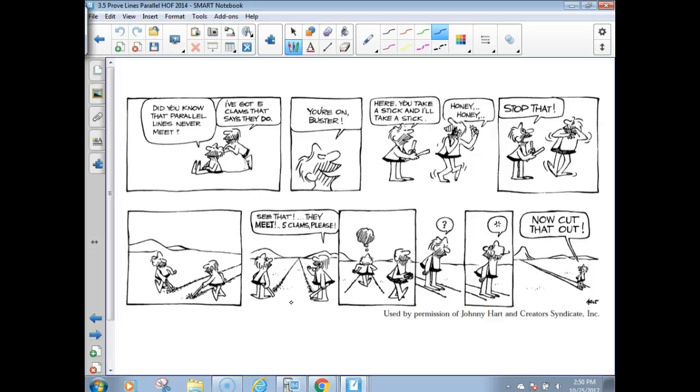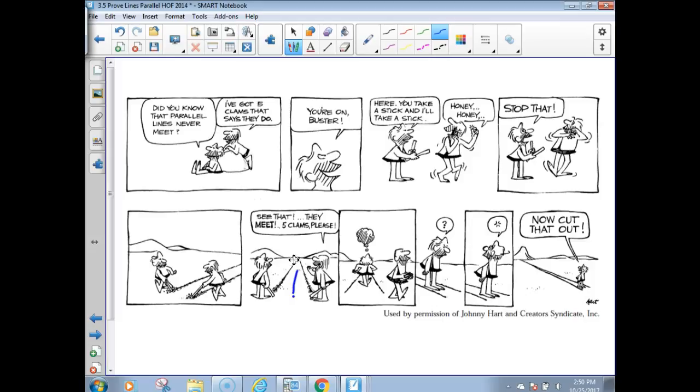Well, why does it look like that? If you get further and further away, you can't see the distance between them is still there. It looks like they converged. That's like a perspective drawing in art. So this guy's like, what?